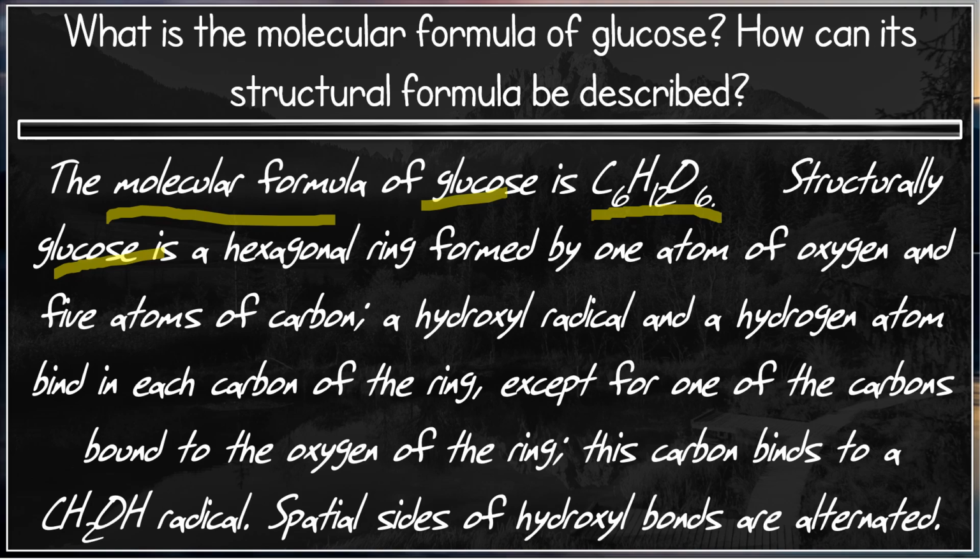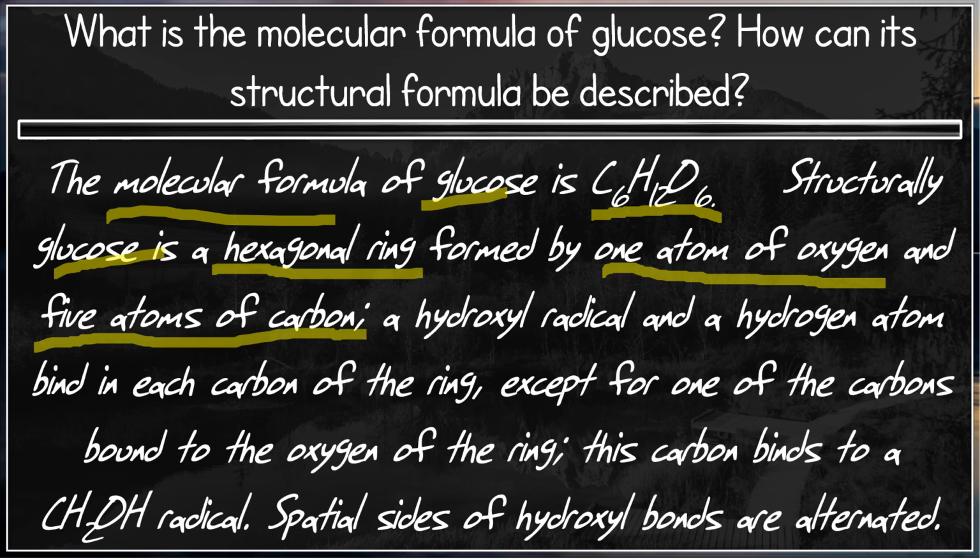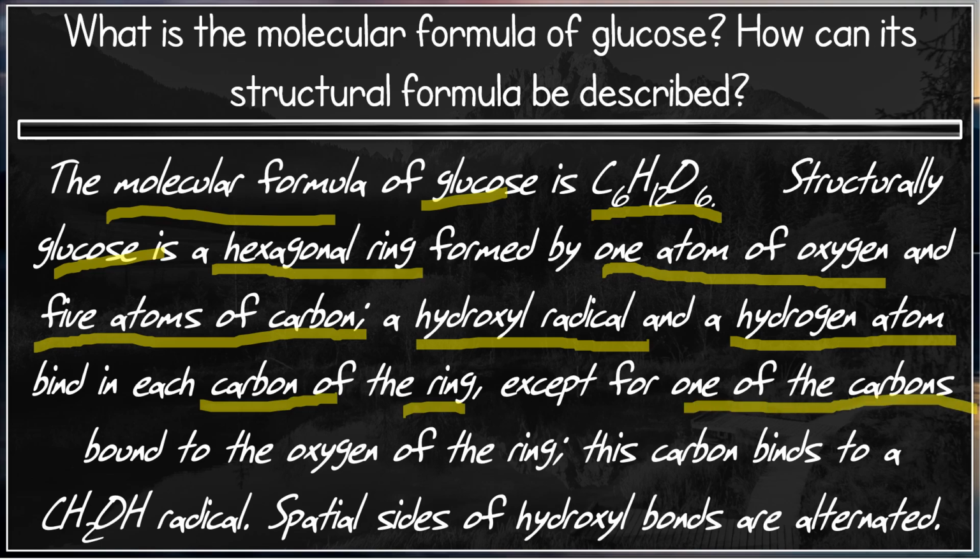Structurally, glucose is a hexagonal ring, and it is formed by 1 atom of oxygen and 5 atoms of carbon. A hydroxyl radical and a hydrogen atom bind to each carbon of the ring, except on one of the carbons bound to the oxygen of the ring.